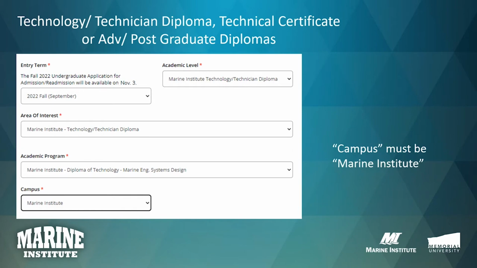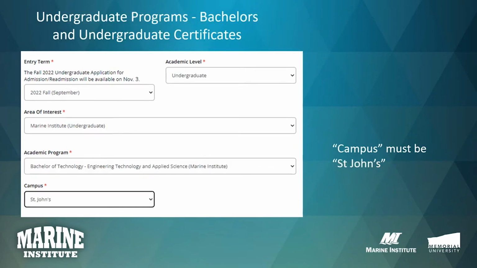For academic program, we have selected our Diploma of Technology, and the main point we want to highlight is the campus. So when you're applying to one of the programs which we highlighted above in the title, you must select Marine Institute as your campus. And that's the main point of emphasis we wanted to make on this slide.